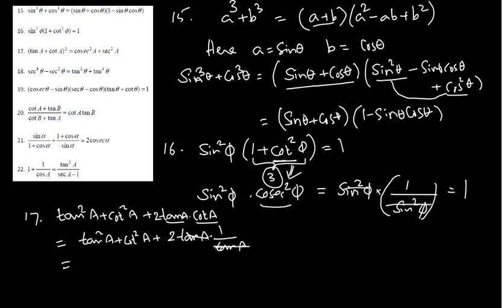The 2 will be split into 1 and 1. So we take 1 plus tan squared a plus 1 plus cot squared a. Use the identity: 1 plus tan squared a is secant squared a, plus 1 plus cot squared a is cosecant squared a.